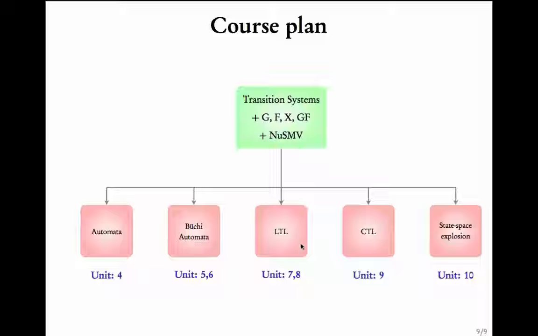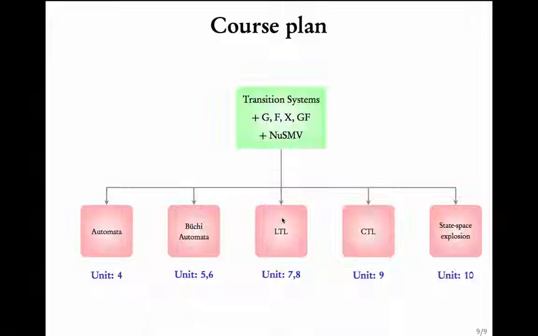This will form units 7 and 8. However, in order to understand the algorithms that new SMV uses, we need some preliminary concepts. They will be handled in units 4, 5 and 6, and these concepts are related to automata. We will see what they are in a gentle way.